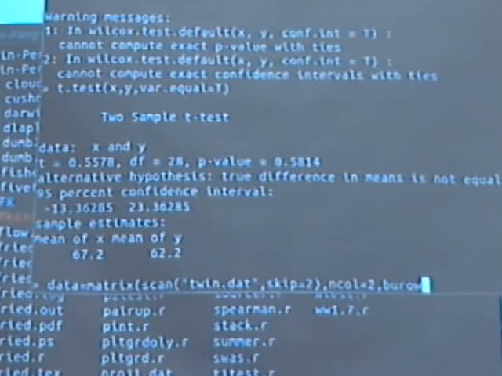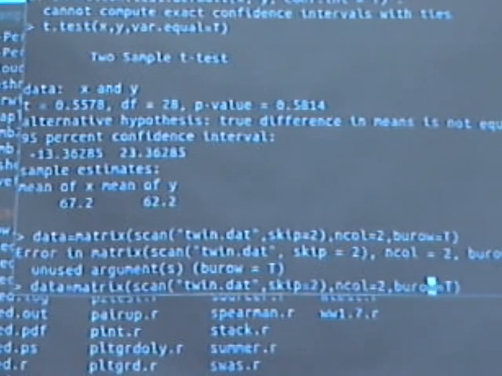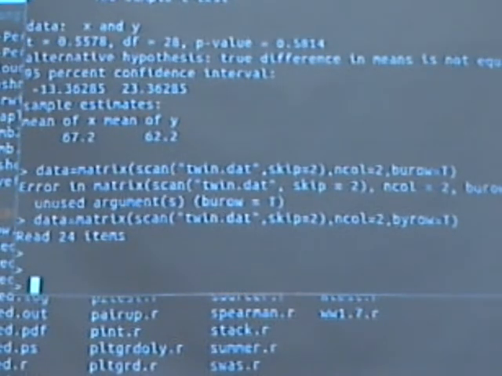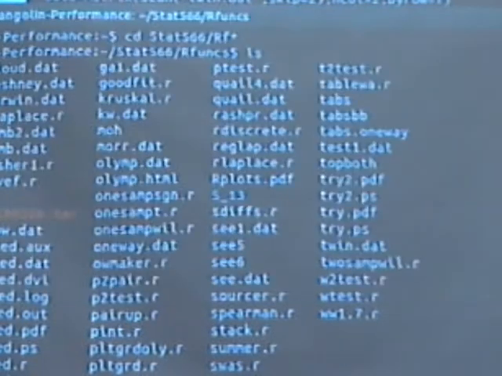I could just type it. Just skip it first. I'll go through.